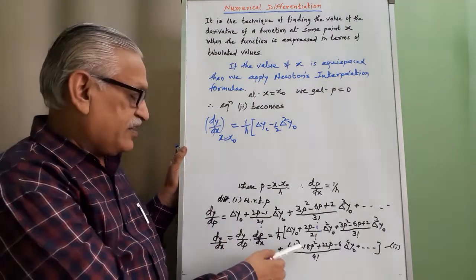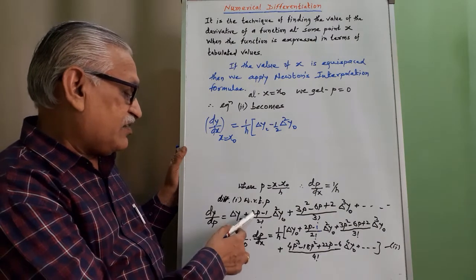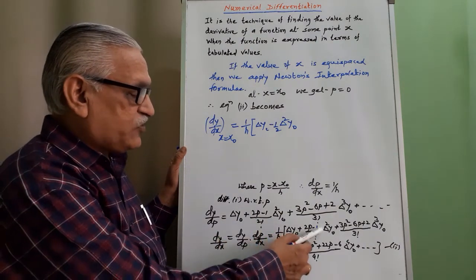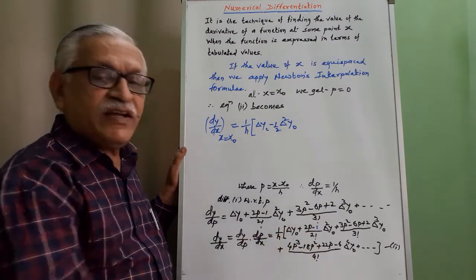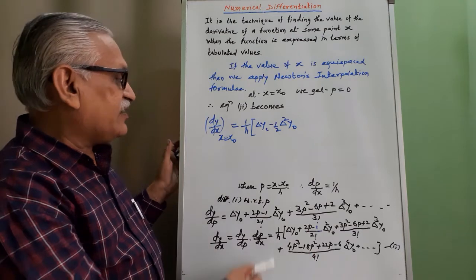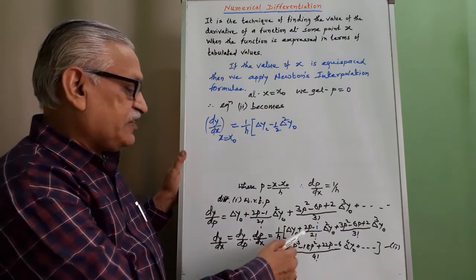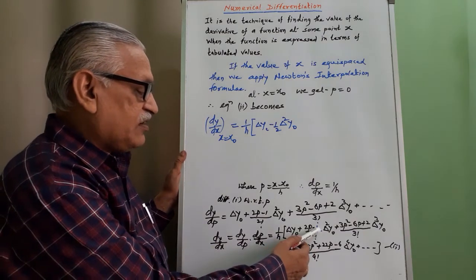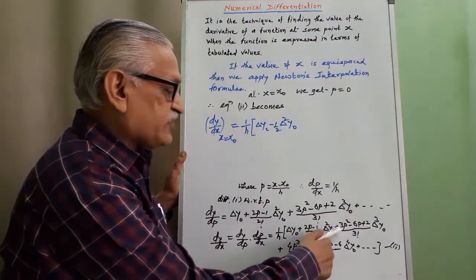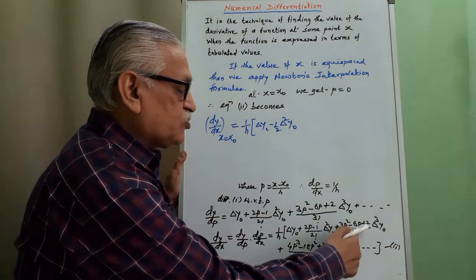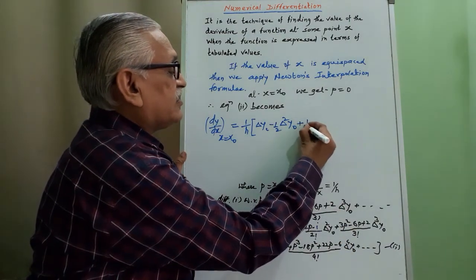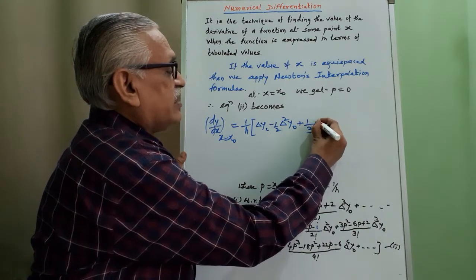Small correction here in this result: I have written 2p minus 2, instead of that the term is (2p minus 1) divided by 2 factorial, therefore make this small correction. Then substituting p equal to 0, this becomes minus 1 by 2 del square y0. Next 0, 0, 2 by 6. 2 by 6 means it is 1 by 3 del cube y0.